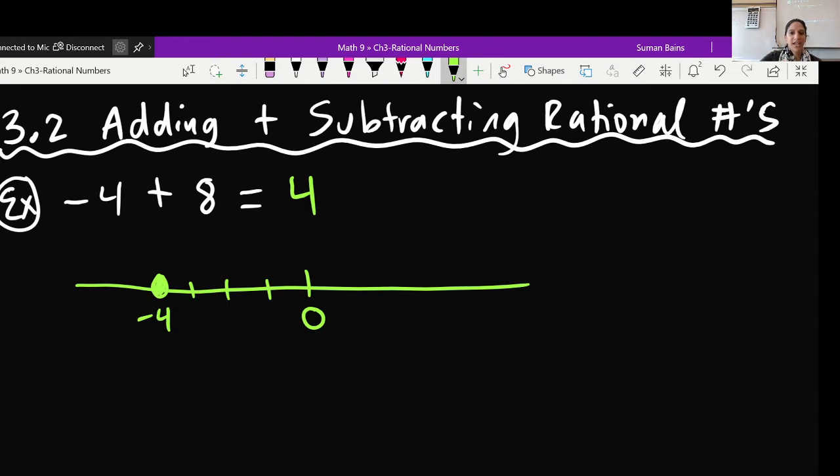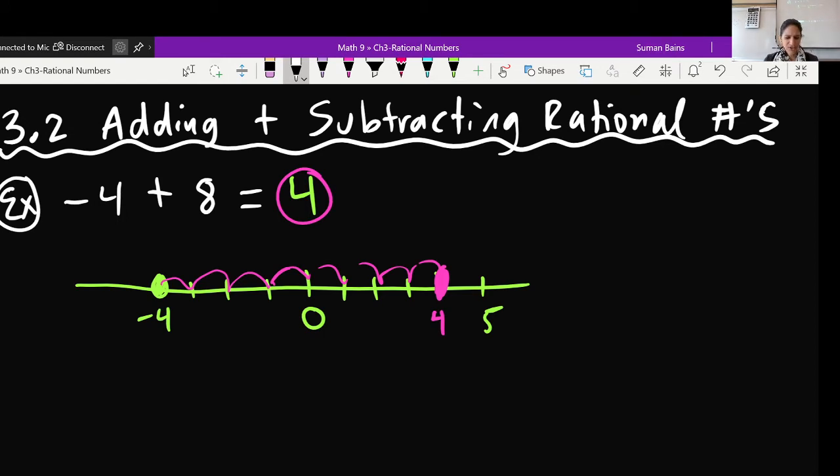And if we're adding 8 to it, we'd be moving from here 1, 2, 3, 4, 5, 6, 7, 8, and that's where we would end up, and that's how we would get our answer of 4 here. Good?